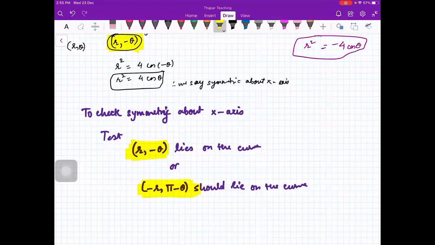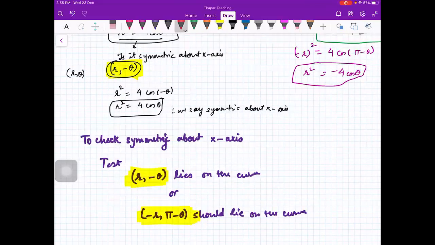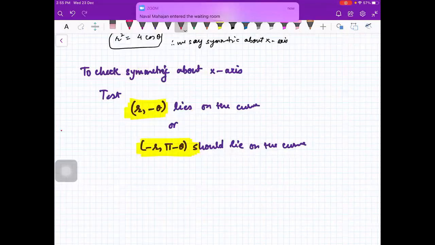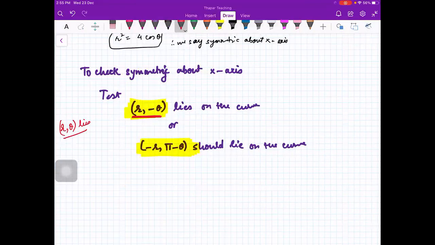Ma'am, please explain that part once again, like we found out that it was not on that graph. You see, beta, I am saying, yesterday we were saying if r comma theta lies on the curve, then we were checking whether r comma minus theta should lie on the curve for the curve to be symmetric about x-axis. Is that statement clear? Yes, ma'am. Right.